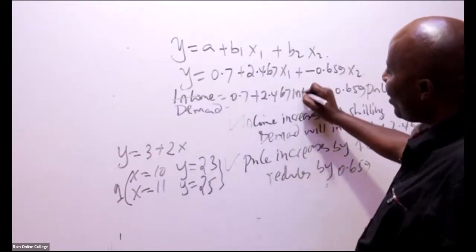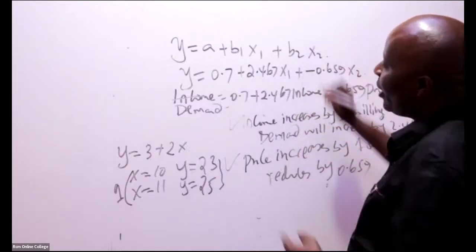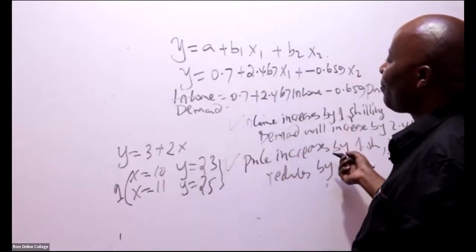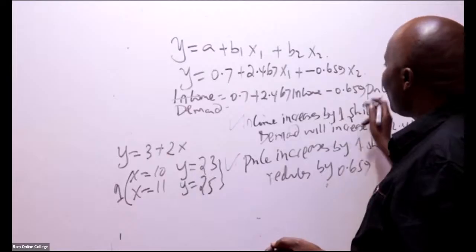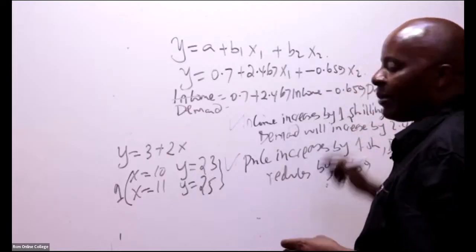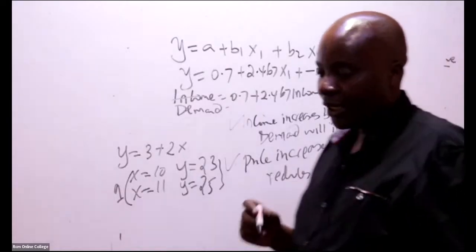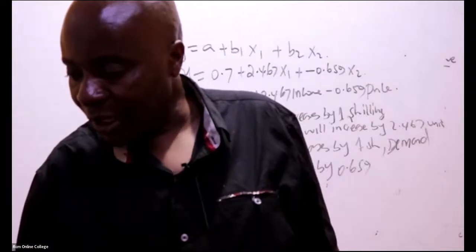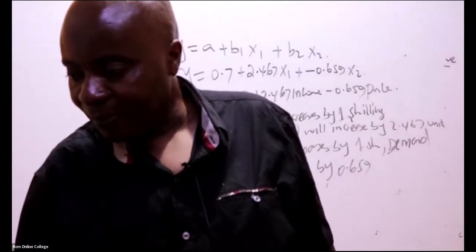When the income increases by just 1 shilling, the demand, or the y there, will have a 2.467 increase. If the price was to go up by just 1 shilling, then the demand will reduce by that. And now I've given also the answer. Remember, it's all about you knowing how to interpret this generally.